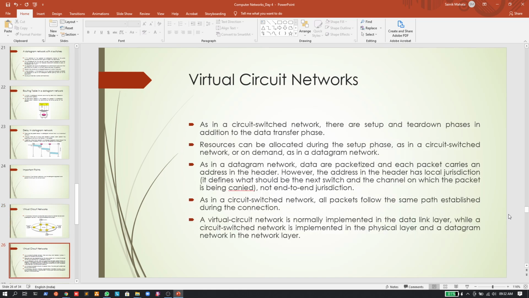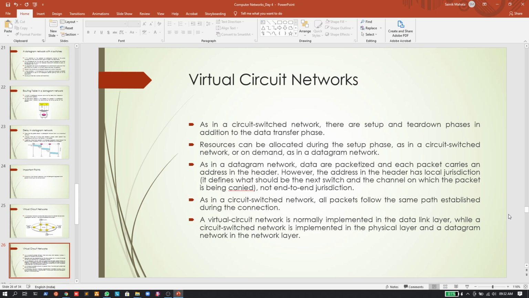As in a circuit switch network, there is a setup and tear down phase in addition to the data transfer phase. If you remember, when we were studying circuit switching, before transferring the data we had a setup phase.